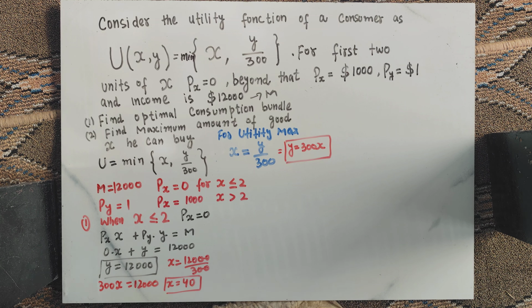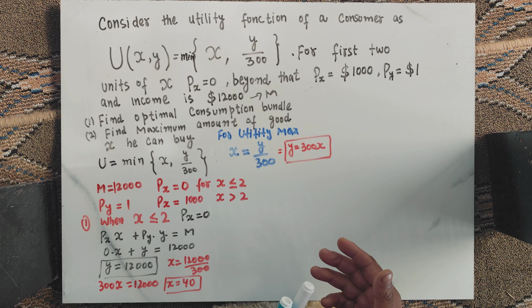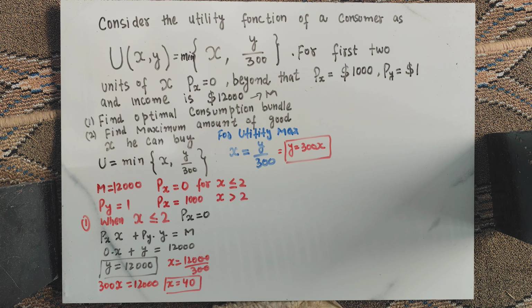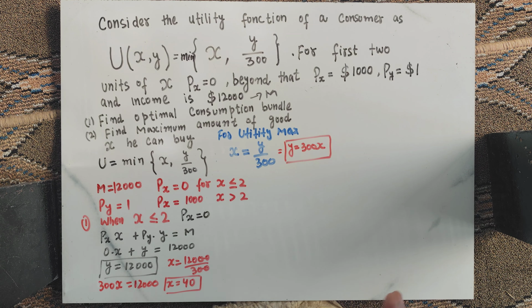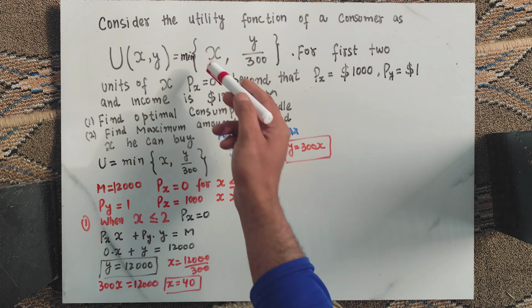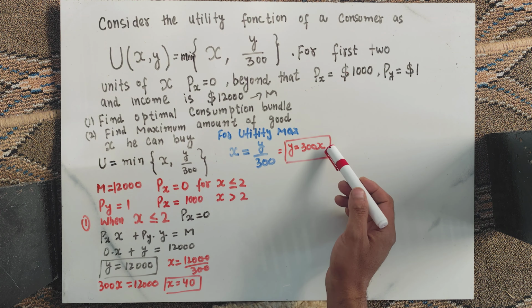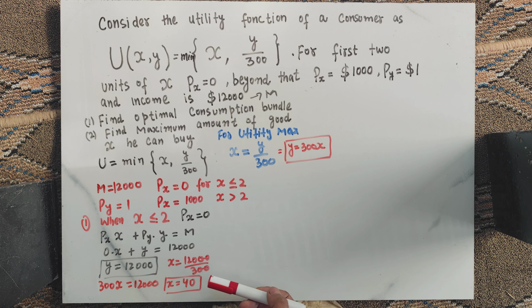So our assumption is not possible, that when x is less or equal to 2, the consumer will consume 40 units of good x. So this cannot be our optimal consumption bundle. For optimality, as I told you, first we equate whatever is in the parenthesis, then we plug it into the budget constraint, which gives us x equal to 40.